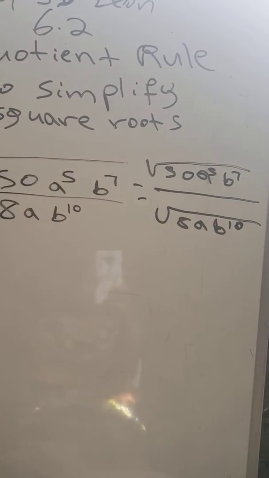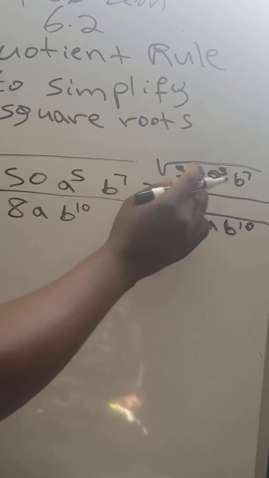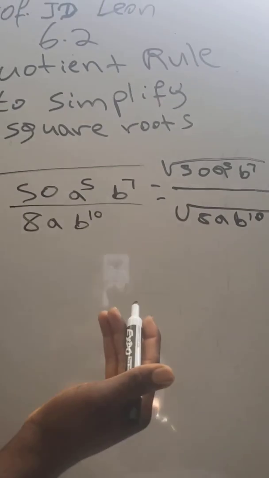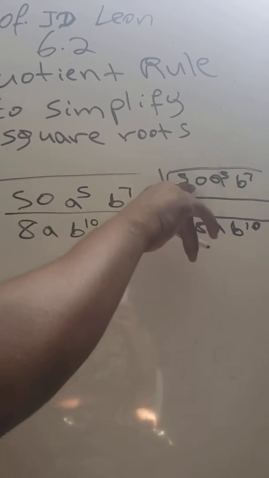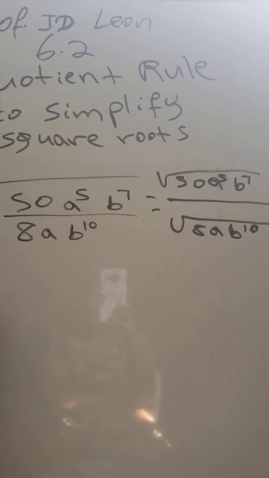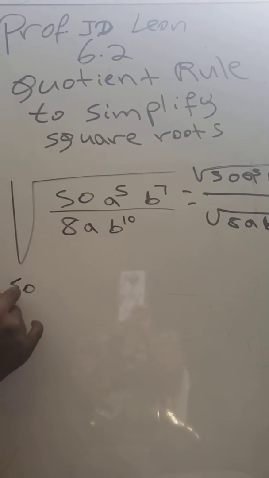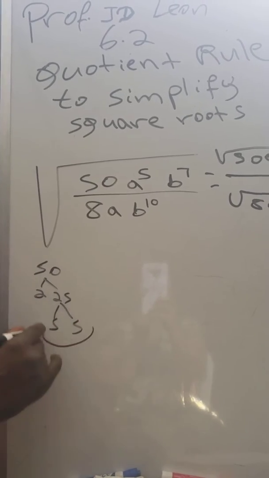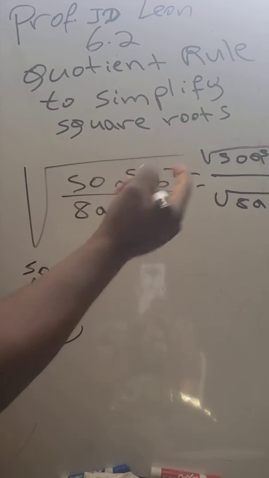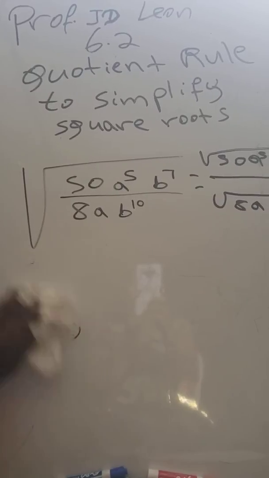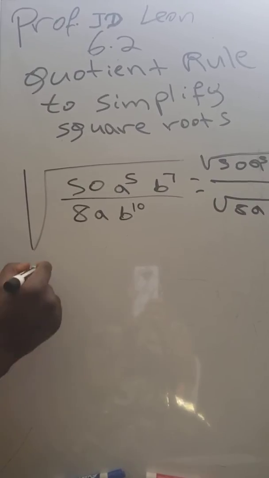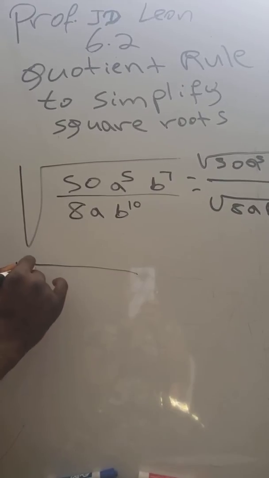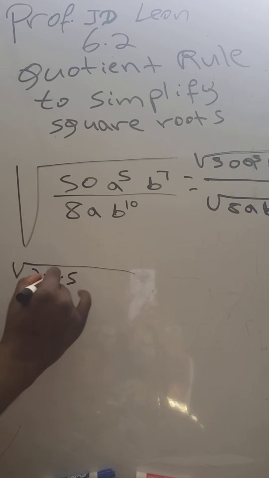Then we're going to use the same strategies that we use. Break the 50 down to find out what you can pull out from that. 50, if you divide it by 2, would be 25, and that's 5 and 5. So that means you could pull out a 5. Rewriting that 50, this is technically the square root of 2 times 5 times 5.